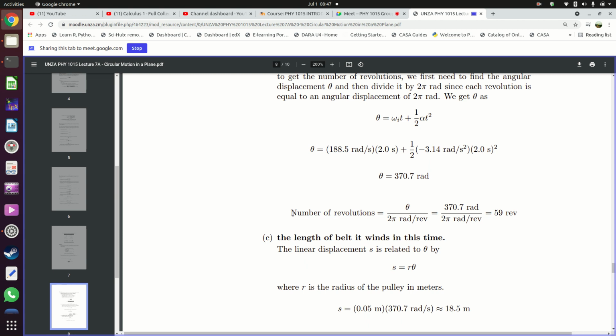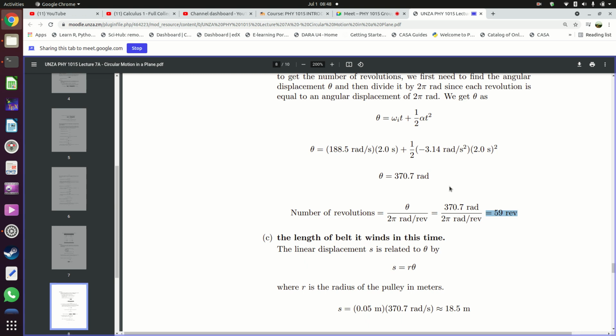Then if you want the number of revolutions, you divide your angular displacement in radians by 2 pi. So I'll need to make a correction to this. You divide the angular displacement in radians by 2 pi, and that should give you how many revolutions. 314 radians divided by 2 pi, how much do you get? 50.006.